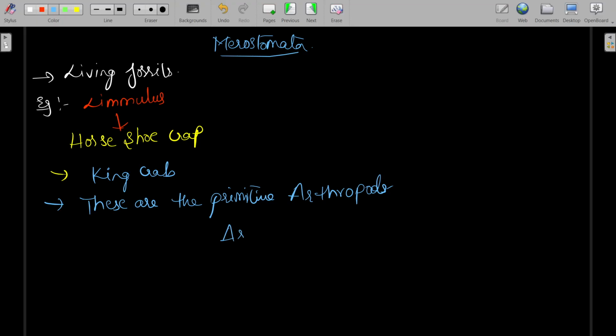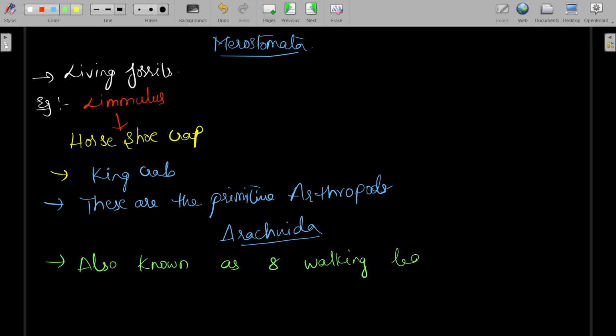Coming to the arachnida, the second class of arthropoda. These are also known as 8 walking legged animals, or 4 pairs.